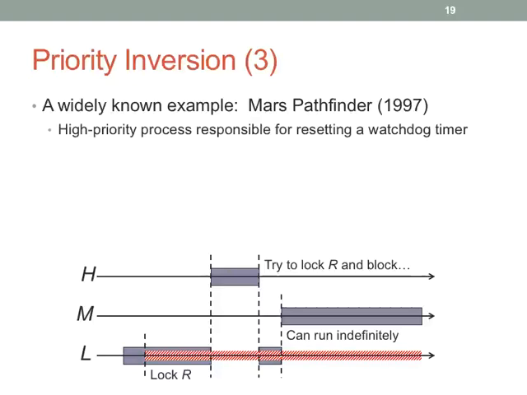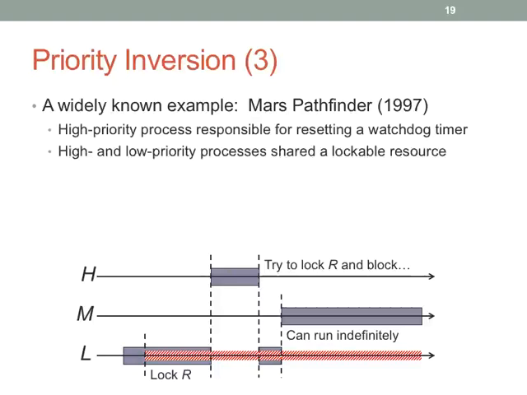But then we started hearing news reports that the thing was rebooting all the time. That's not a good sign. So what's going on? It turned out that it was actually a priority inversion issue on the rover. You had the high and low priority processes sharing a common resource that they both needed to lock before they utilized it.